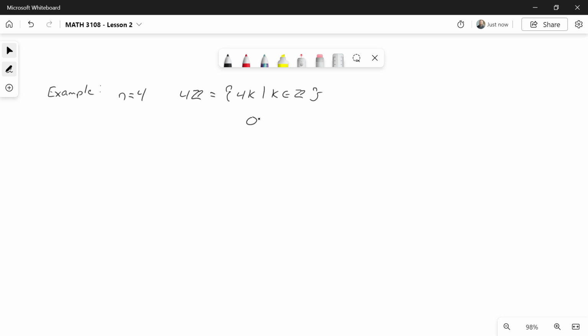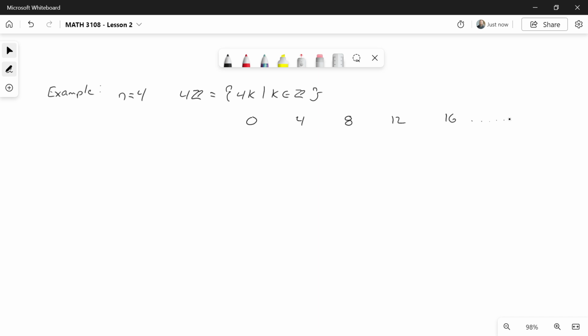When I take 1 inside of Z and multiply it by 4, 1 times 4 gives me 4. 2 inside of Z multiplied by 4 gives me 8. Hopefully you get the idea from here. So 3 times 4 gives me 12, 4 times 4 is 16, and so on and so forth, all the way up to positive infinity. Of course, this also works in the opposite direction when I'm using the negatives.